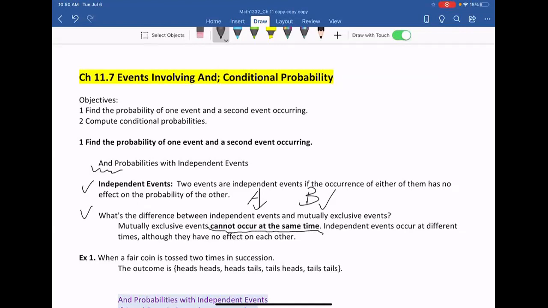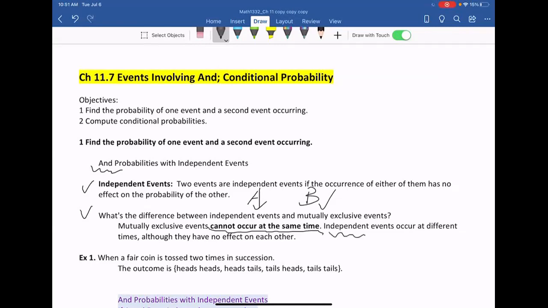For example, you flip a coin just one time. So the head and the tail will not happen at the same time. Another example of mutually exclusive events is you run forward and you run backward. These two events won't happen at the same time.